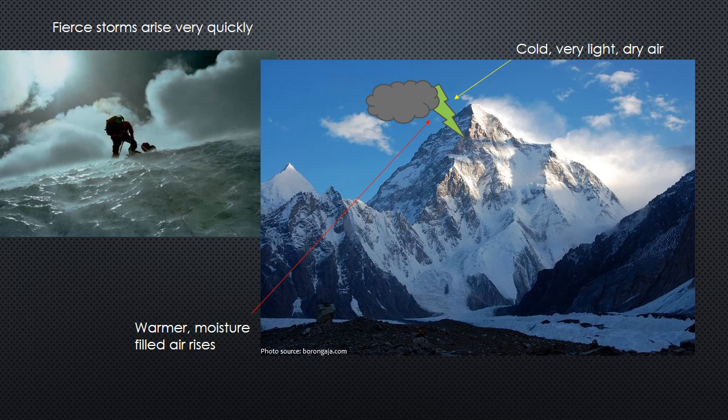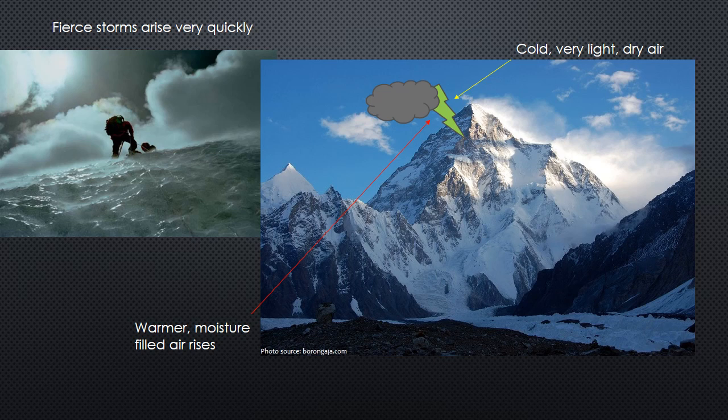Okay, let's talk about this. In normal weather patterns, just throughout the Earth, warm air roams slowly and will eventually collide with a cool, dry air mass, and that's how a storm is produced. On mountains, particularly those with a steep angle and extremely high altitude, like Everest, you typically have a warmer, heavier, moister weather hanging down near the base of the mountain.